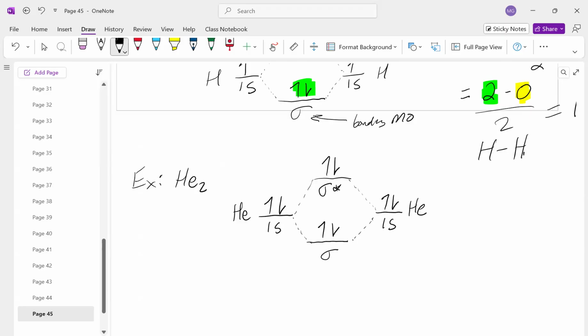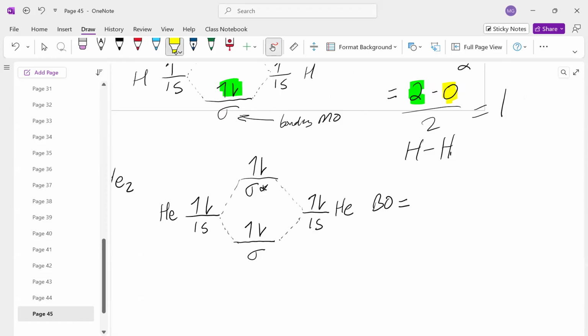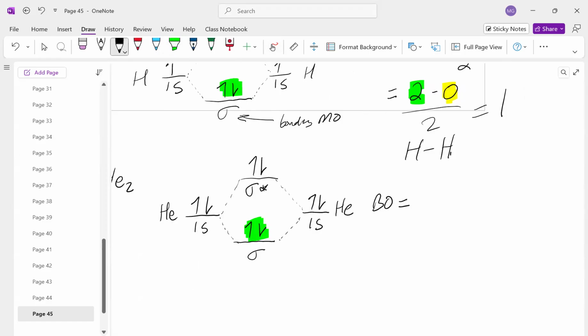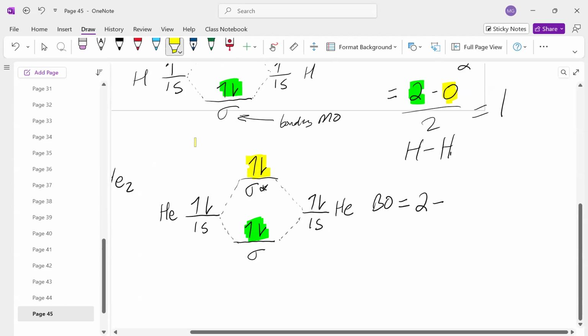So now let's find the bond order. So I'm going to take the number of electrons in the bonding molecular orbitals minus the number of electrons in the antibonding molecular orbitals.